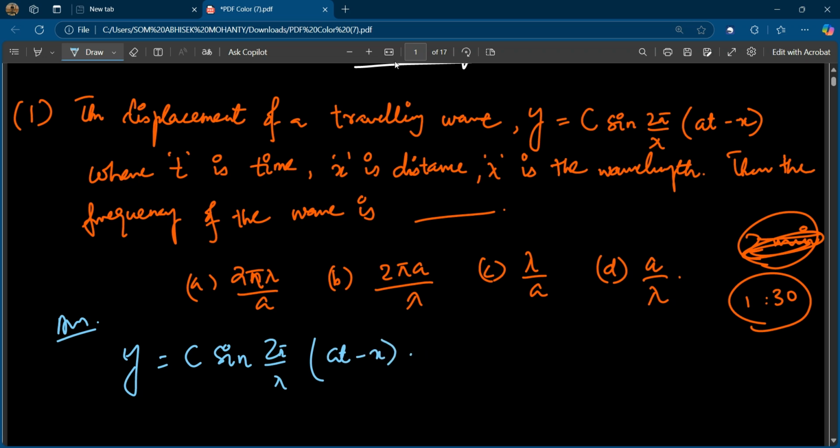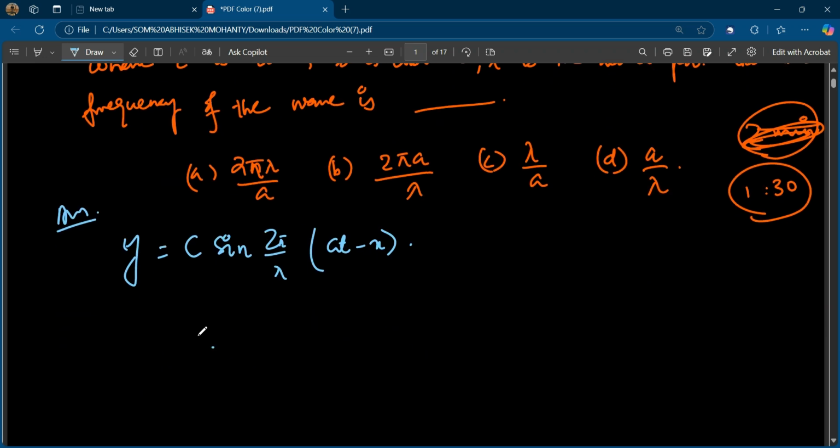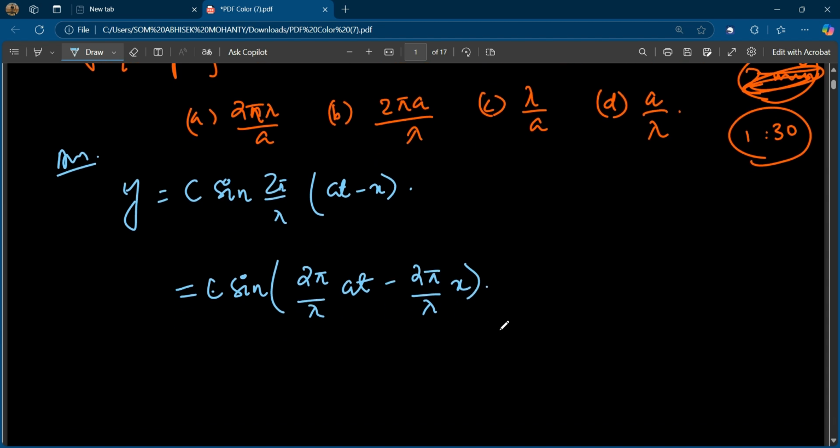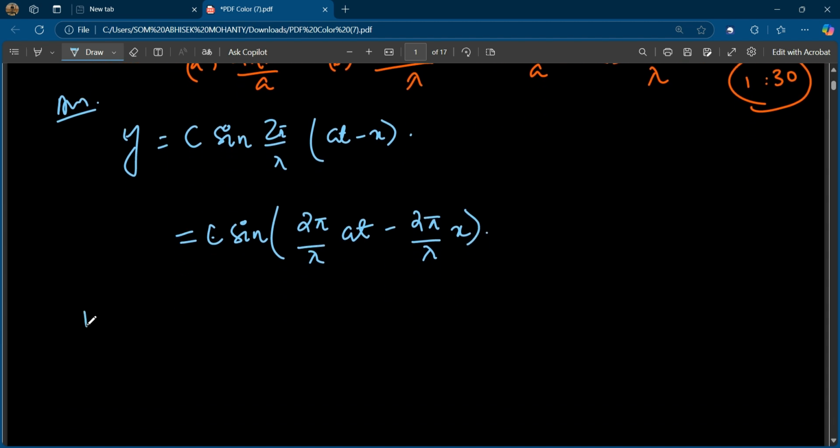If I multiply this inside, so c sine (2 pi by lambda at minus 2 pi by lambda into x). So we know the wave equation, y is equal to a sine (kx minus omega t).